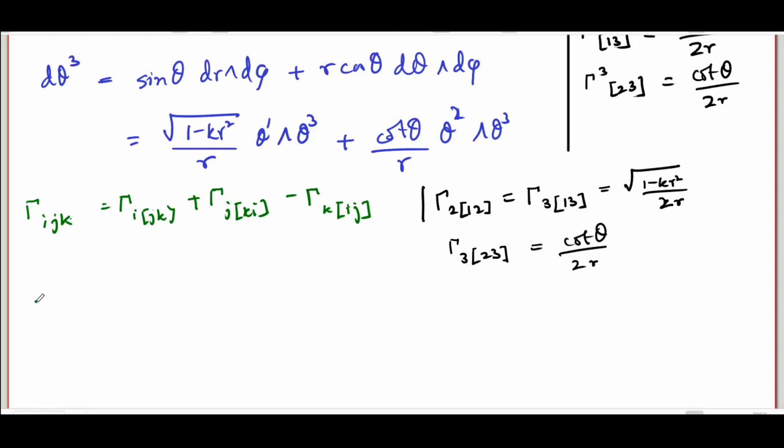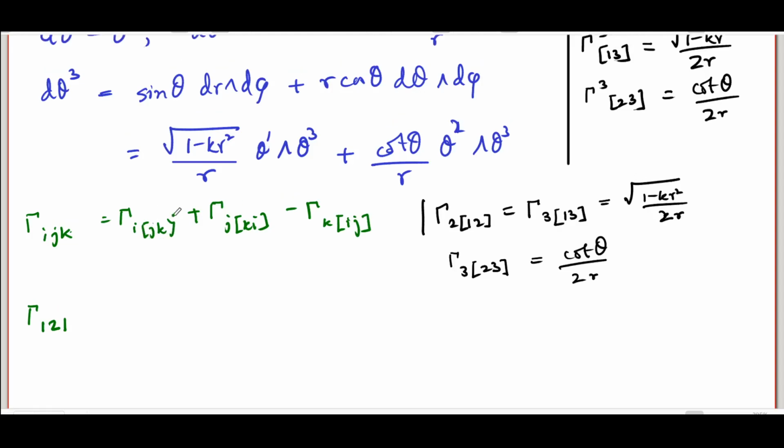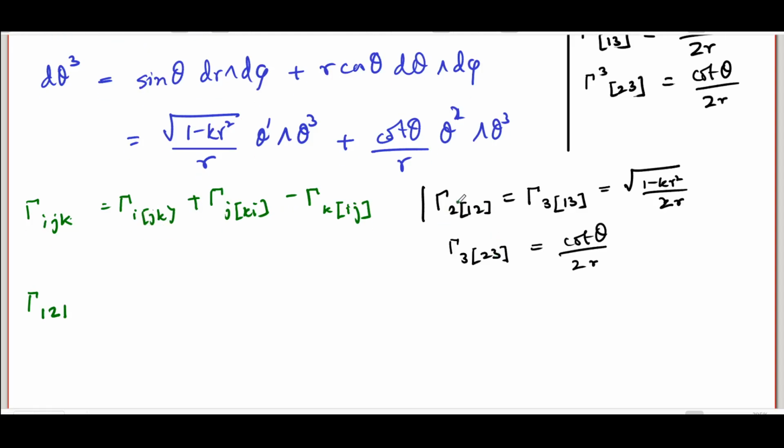So with Γ_12, you can start with 121. Now you can easily see that you are going to get 1[21], which is 0, since there are no first index 1 elements here. Then Γ_211, which is of course 0 because of the antisymmetry in the two indices in the square bracket, and minus Γ_112, which also is 0. So this Γ_121 is simply 0.